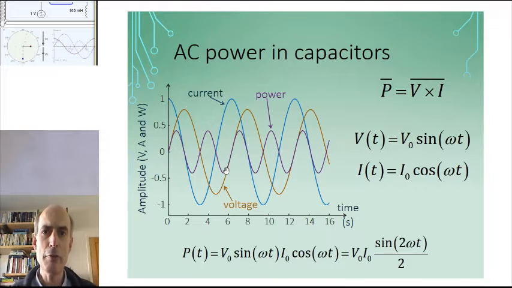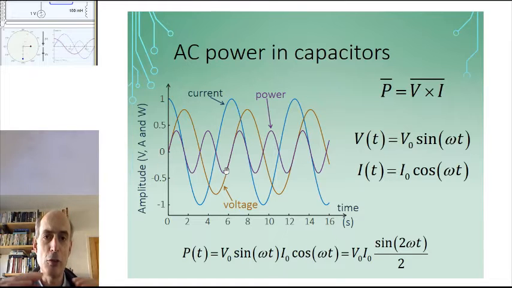So if we have a power which is both oscillating negative and positive, that suggests we have a component which some of the time is extracting energy from the circuit and the rest of the time is pushing energy back into the circuit. And that's exactly what is happening with this capacitor.